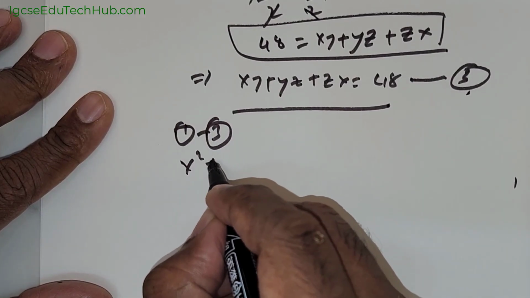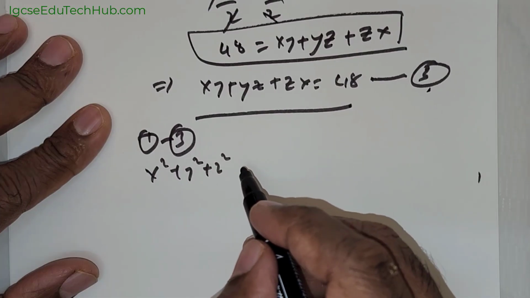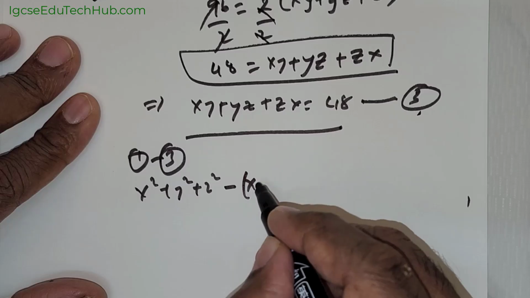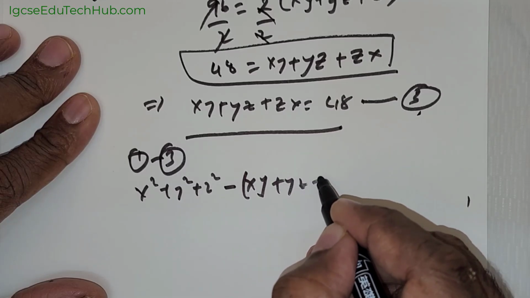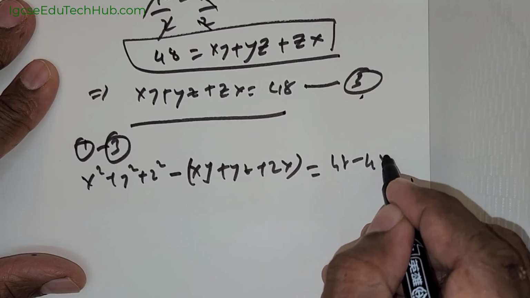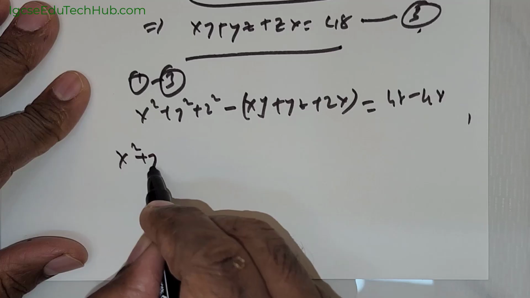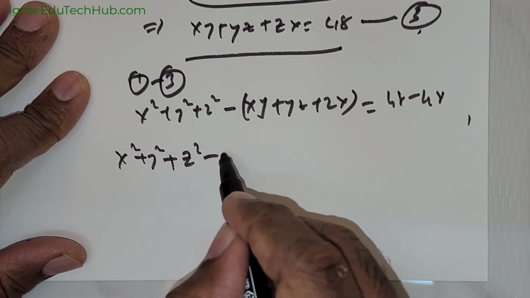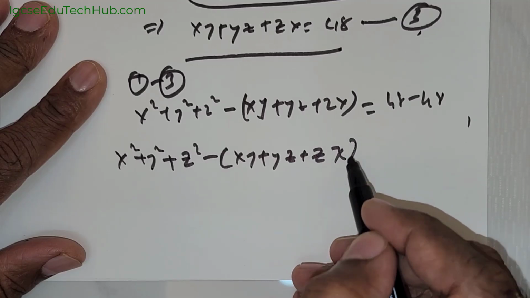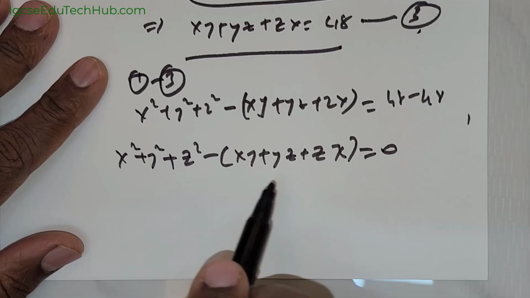So what is 1? x squared + y squared + z squared, and I'm subtracting xy + yz + zx. On the right hand side, 48 minus 48. So this is going to be equal to 0. So you have x squared + y squared + z squared - (xy + yz + zx) is equal to 0.